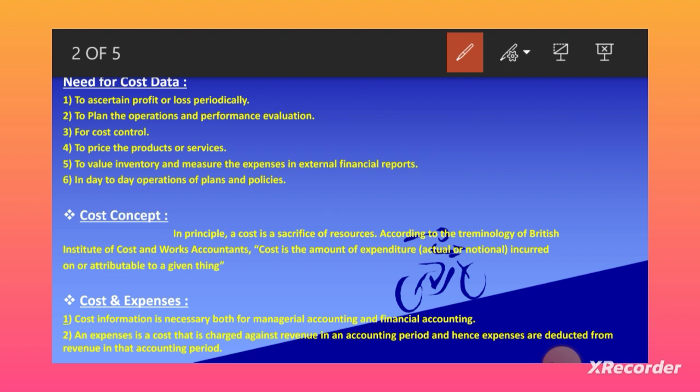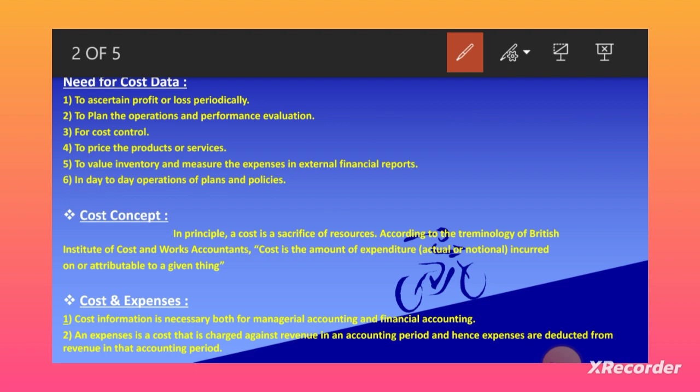Cost indicates an actual or estimated expenditure, direct or indirect, and it relates to a job, process, product, or service. For example, such costs are material, labor, factory overheads, administrative overheads, selling and distribution overheads.